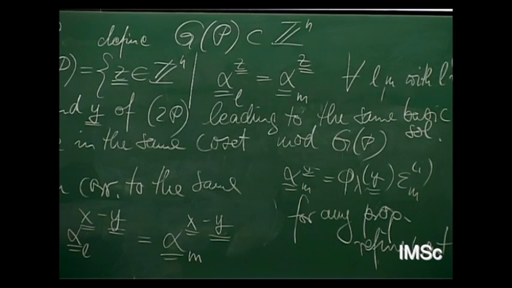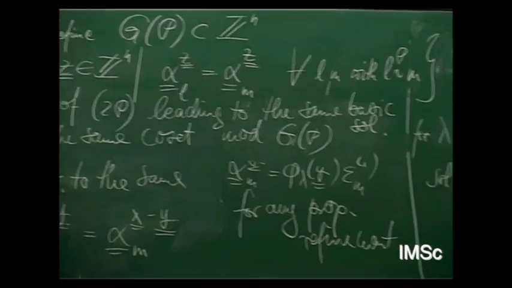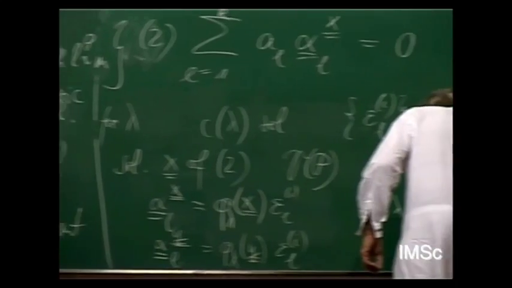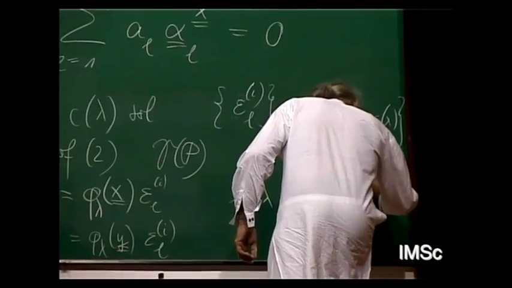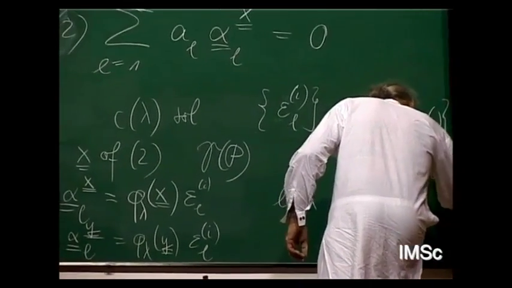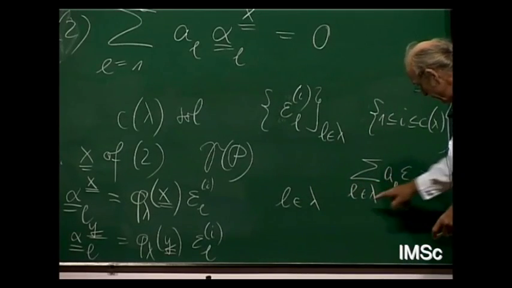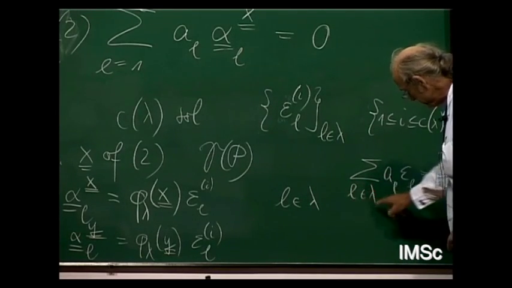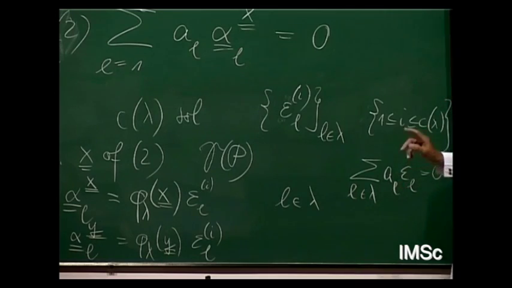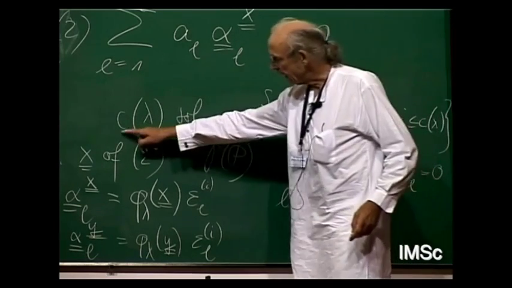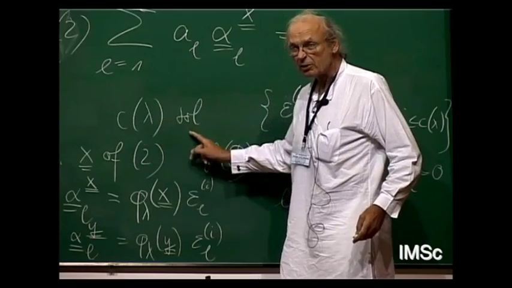Now we can say the following: what is the number of basic solutions? Those were the solutions that we derived from the equation sum over L in lambda of AL epsilon L equals 0, where we assumed that in this subsum there is no vanishing subsum, and here we had said that we had C of lambda such solutions.